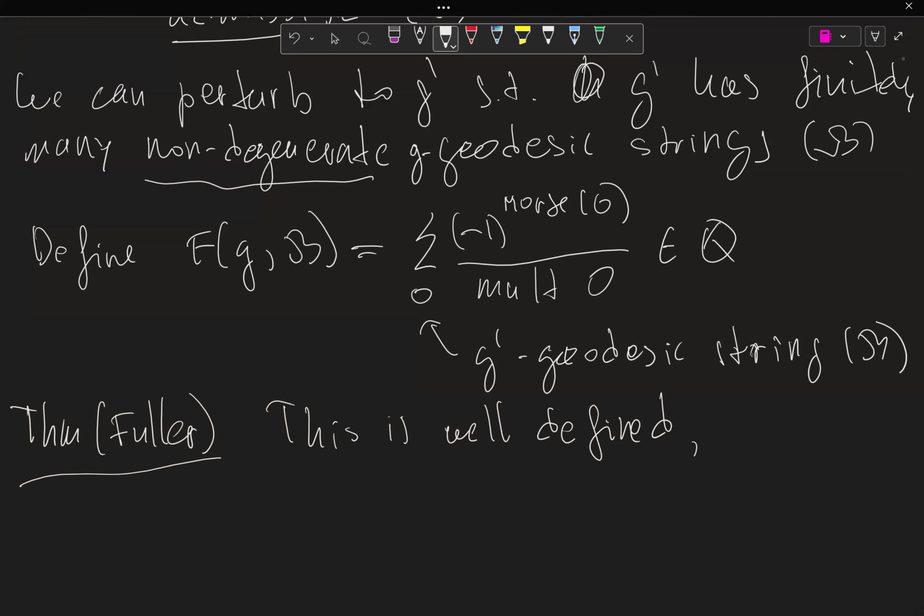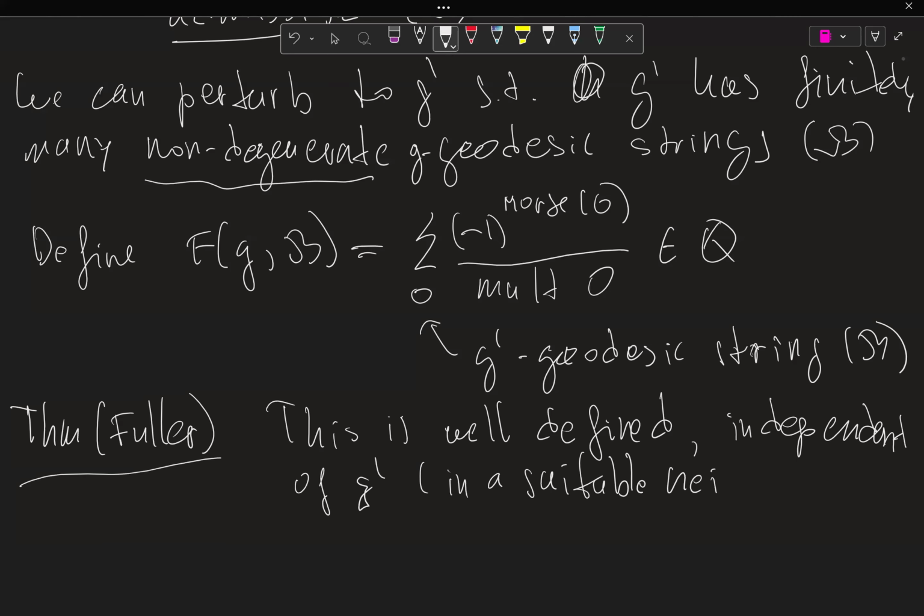It's independent of how you perturb to G′, assuming you are in a suitable perturbation neighborhood.